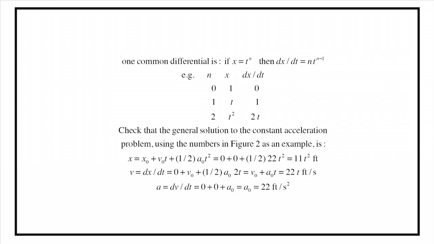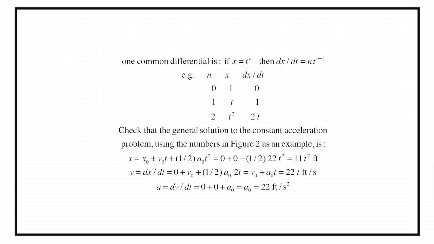Plus the v naught times t to the first power, plus 1/2 a naught times t to the second power. So there are three different powers of t that come into those three different terms. And the expression at the top line gives you the derivative of anything that is that format. In other words, if x is proportional to t to some power, you can use that top line to calculate what dx dt is very quickly.